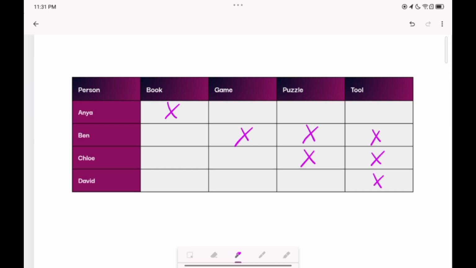Anya must have received the tool. Therefore, Anya received the tool, Ben received the book, Chloe received the game, and David received the puzzle.